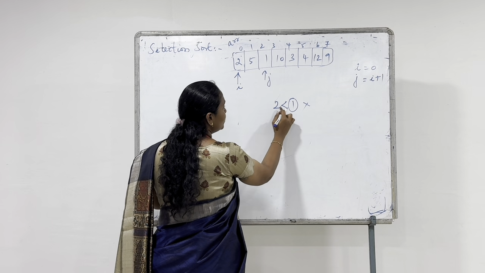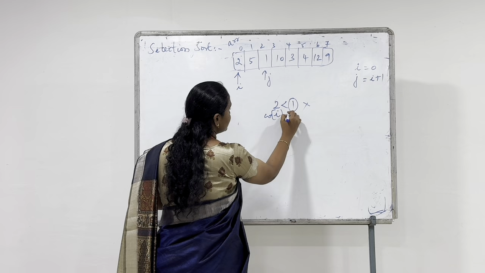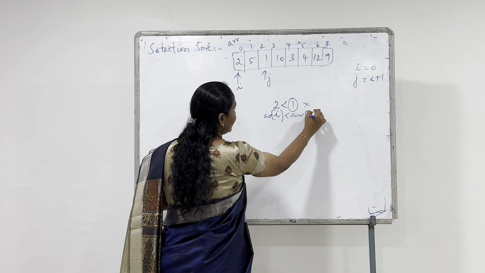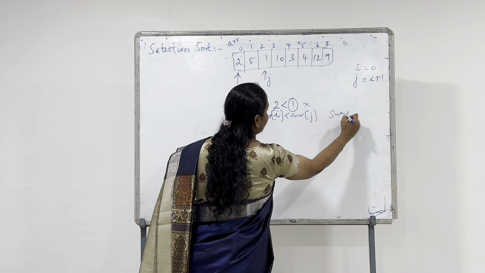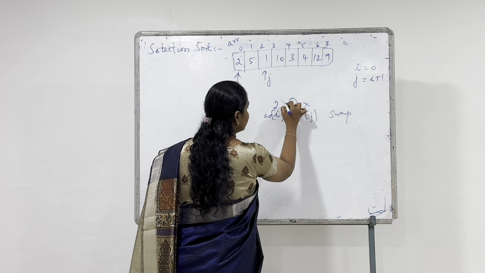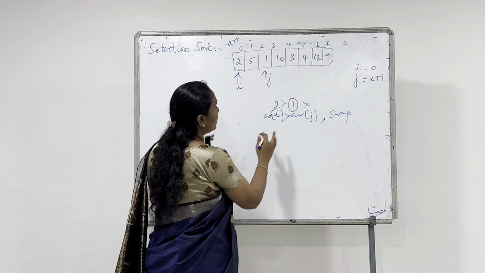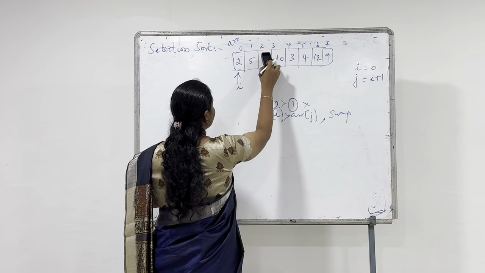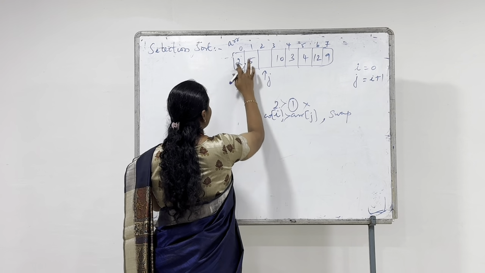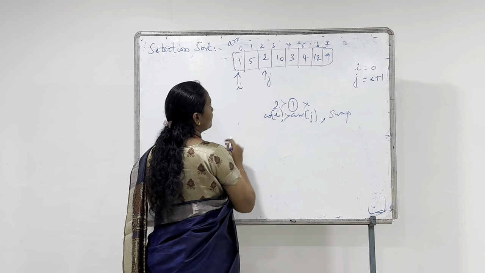If ARR of i is less than ARR of j, then no swap. This is not true, it is greater, so swap both ARR of i and ARR of j. So this is 2 and this is 1.